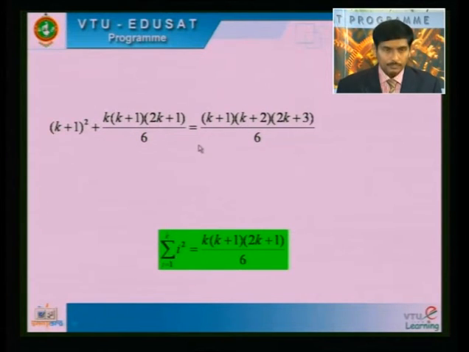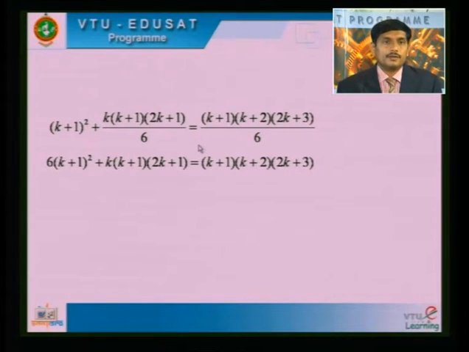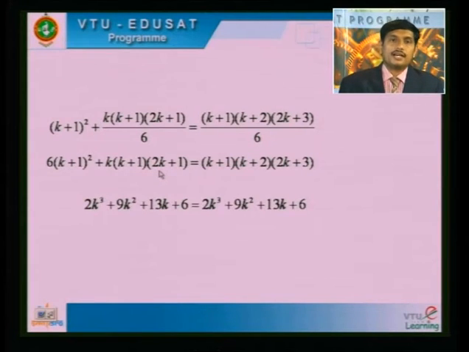Then if you simplify this, take LCM and simplify, that is 6 times k plus 1 the whole square plus k into k plus 1 into 2k plus 1. Then the left and right hand sides should be equal.